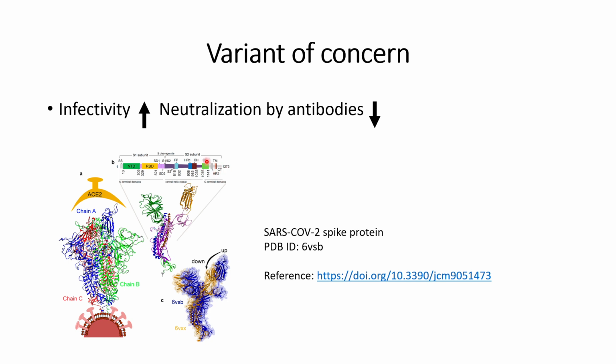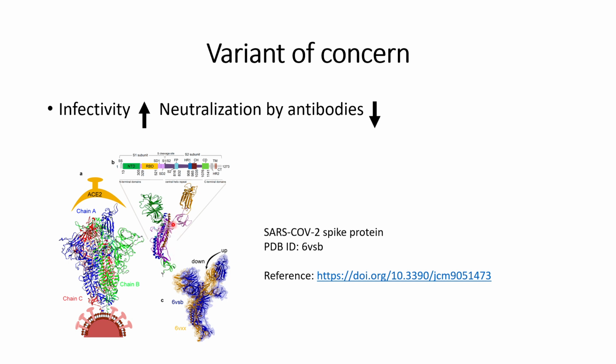All these details, that is, the fusion peptide, C-terminal domain, and transmembrane domain, can be found in detail in the reference paper presented here, and this link is also available in the description. And this is the combined structure of the spike protein, and here the structure has been separated out.